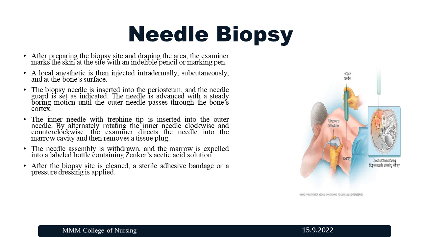The inner needle with the cutting tip is inserted into the outer needle by alternately rotating the inner needle clockwise and counterclockwise. The examiner directs the needle into the marrow cavity and then removes a tissue block. The needle assembly is withdrawn and the marrow is expelled into a labeled bottle containing zenker's acetic acid solution. After the biopsy site is cleansed, a sterile adhesive bandage or a pressure dressing is applied.